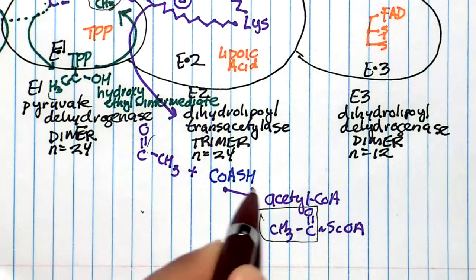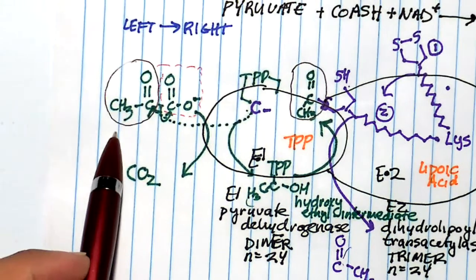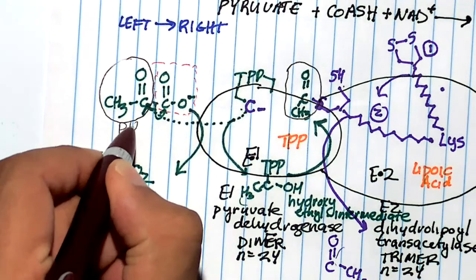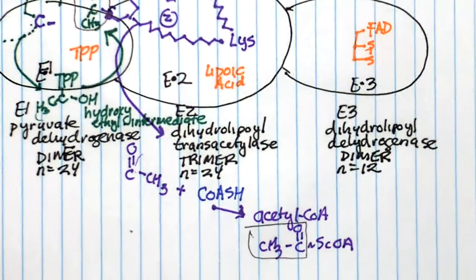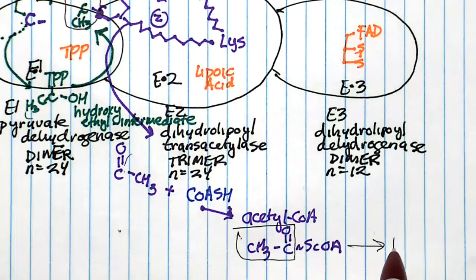This acetyl group ultimately came from pyruvate, which came from glycolysis. And now you have this high energy acetyl-CoA bond. It's ready to go to the TCA cycle.